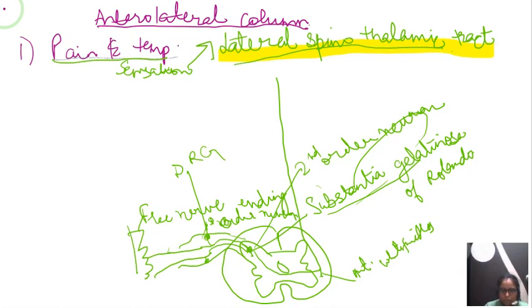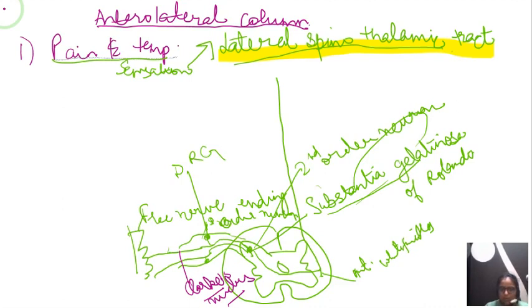I'll tell you one more thing: after taking the sensation from the free nerve ending receptors, we have Clark's nucleus here. Fine. Clark's nucleus takes the sensation of pain and temperature.